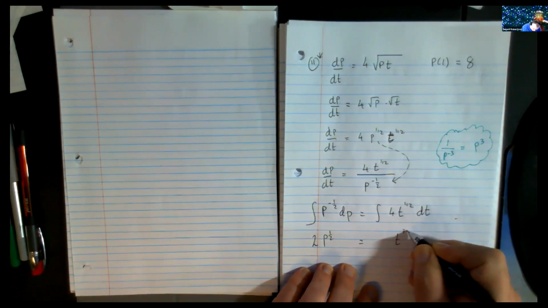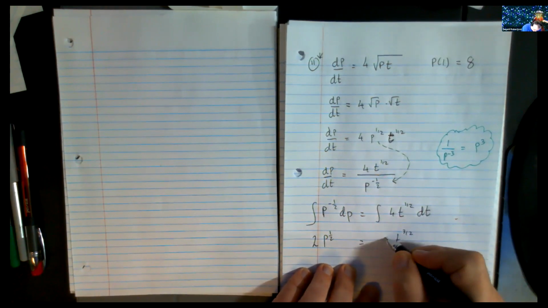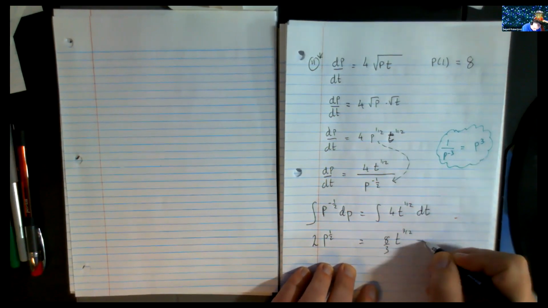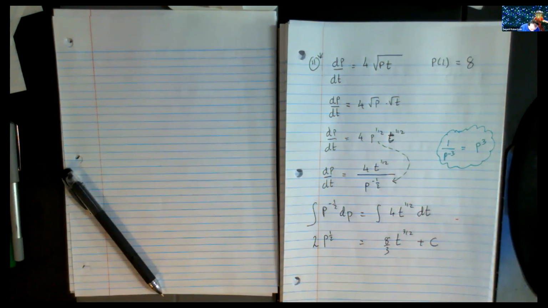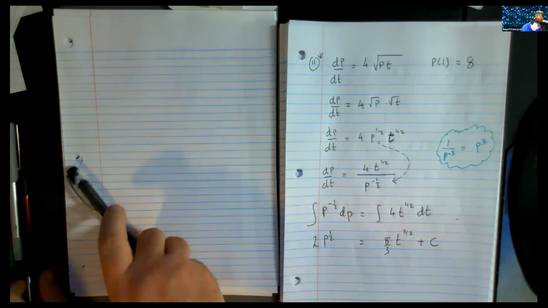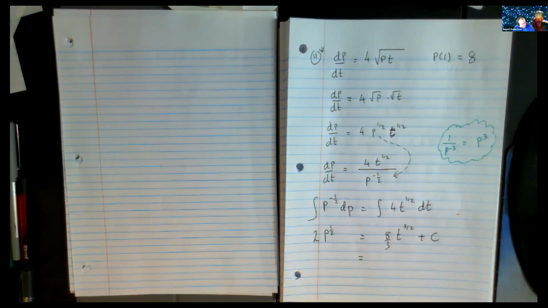Add 1 to the power and divide by the new power. And we have now found, well, maybe not yet, I'm jumping ahead. We will, in a few moments from now, have found the general solution.